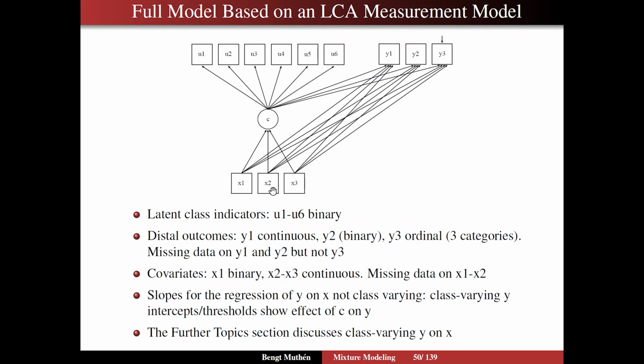And that's important for understanding the effect of C on Y. So the effect of C on Y is seen in the class varying Y intercept and thresholds, but that's only the case when the regression slopes of Y on X are not class varying. In the further topics section, we discuss class varying Y on X, so class varying slopes as well, but that's not the case here now.